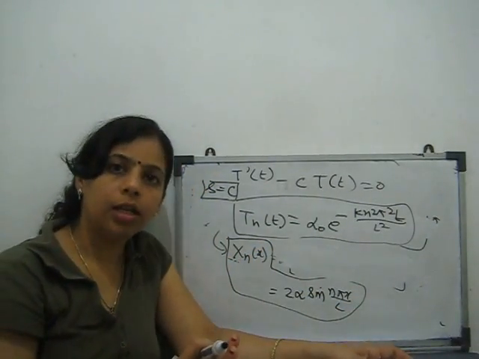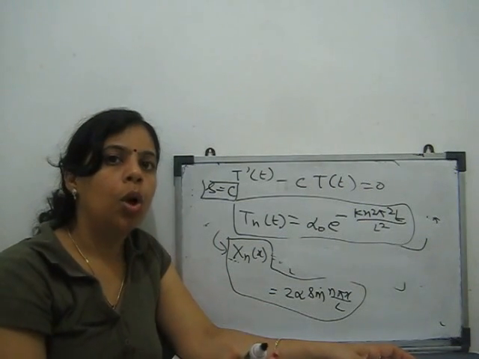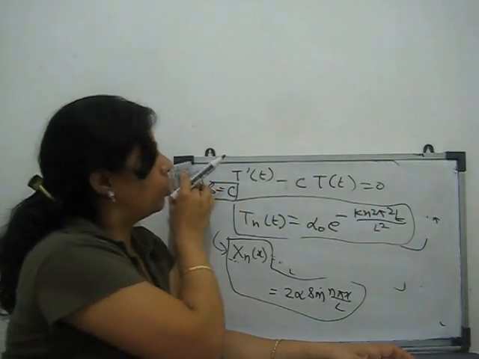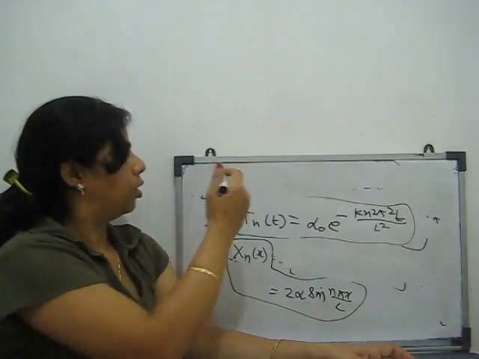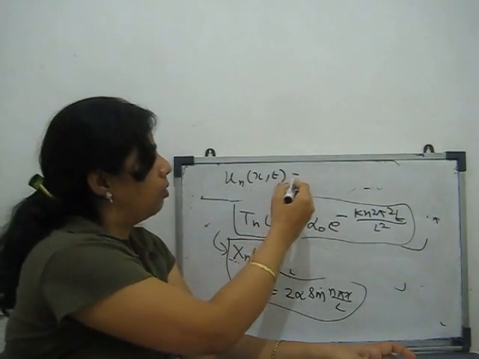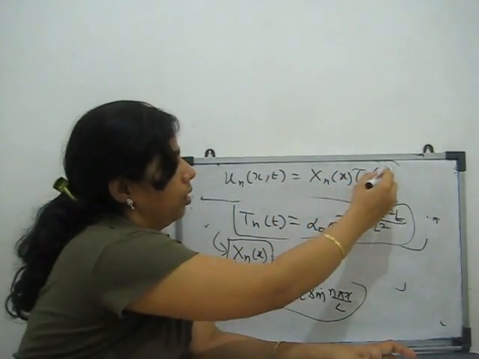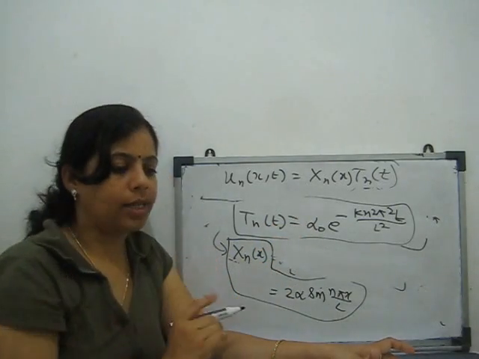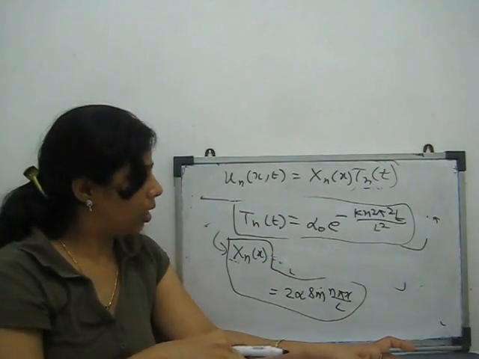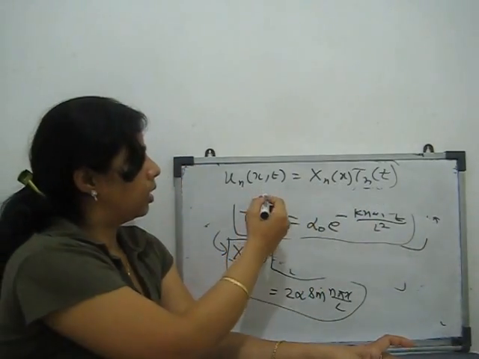So our general solution of the one dimension heat equation, given by u(x,t) equal to X(x) into T(t), I rewrite as un(x,t) equal to Xn(x) into Tn(t). We have the values of Xn and Tn. Substitute here, and we will get the solution of this heat equation.